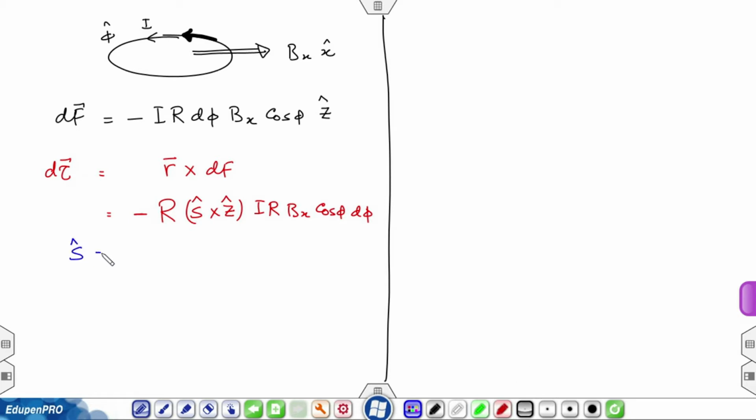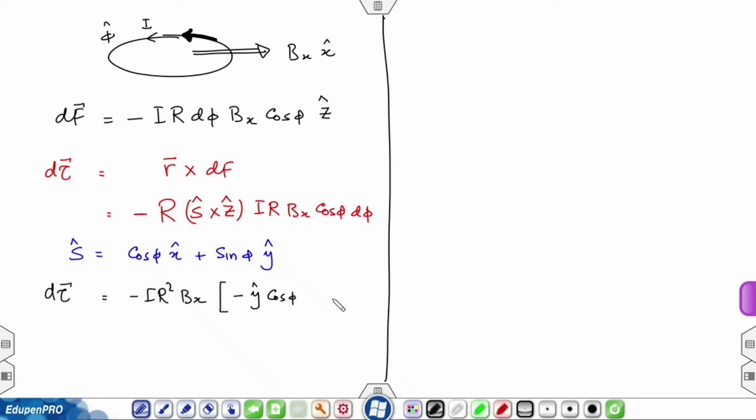Now, s is equal to cosine phi x plus sin phi y, and therefore, d tau is minus I r square Bx, cosine phi is outside, and then I have x cross z, which is minus y cosine phi, and then I have y cross z, which is plus x sin phi, and outside there is cosine phi d phi.